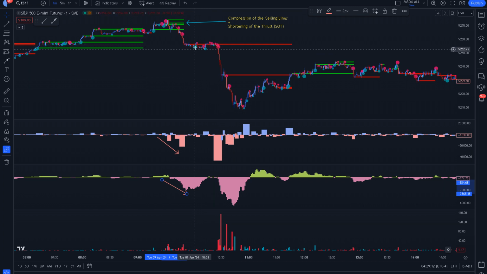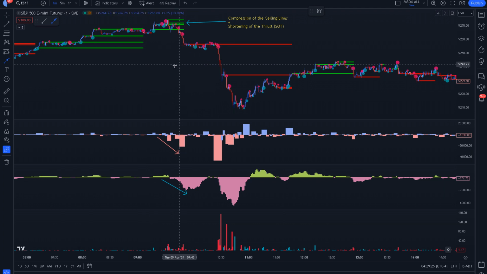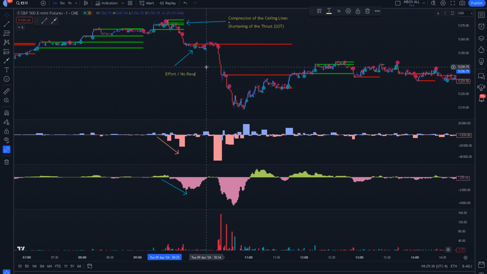We see a control of the offers right here, but there's no buying to accompany it. If we look at this dot here, this would be an effort no result situation, because there is no buying.